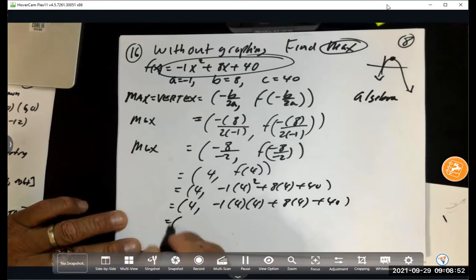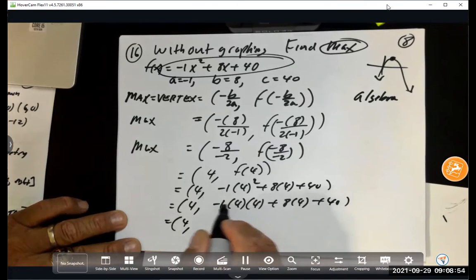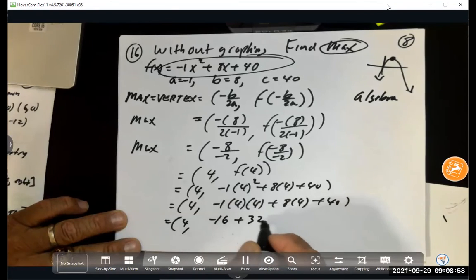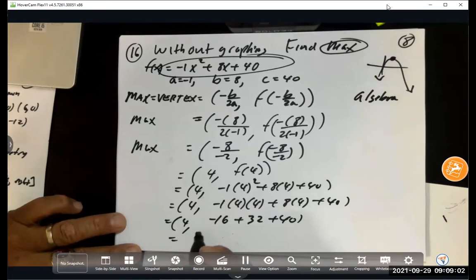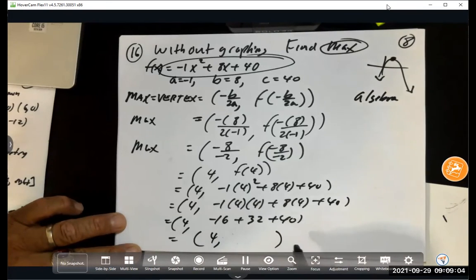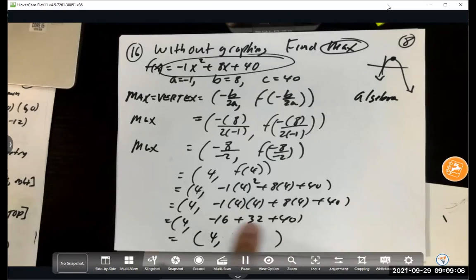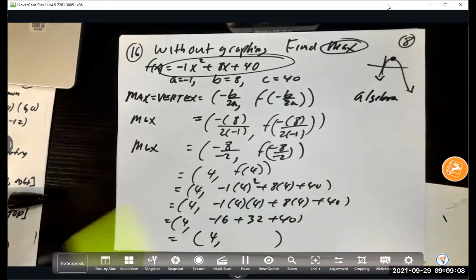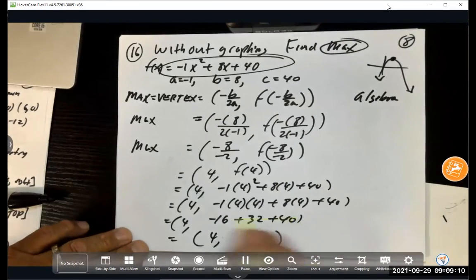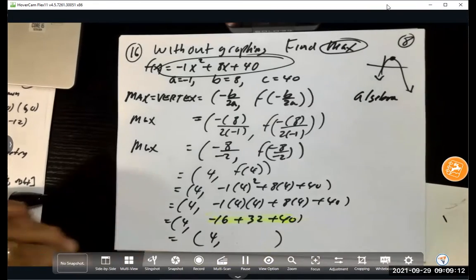Now use your calculator. 4 times 4 times that is -16. I got that part. And 4 times 8 is 32, and 40. Now you tell me what those numbers are gonna be. What is that gonna be? This number right here, this number in yellow.